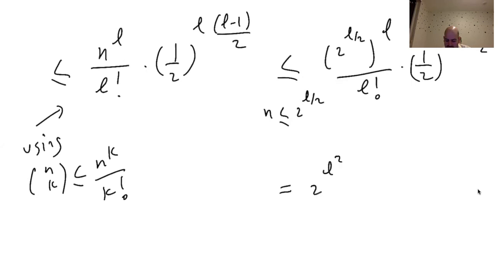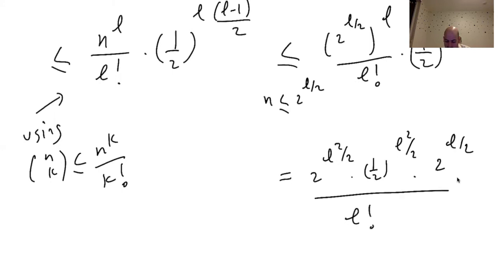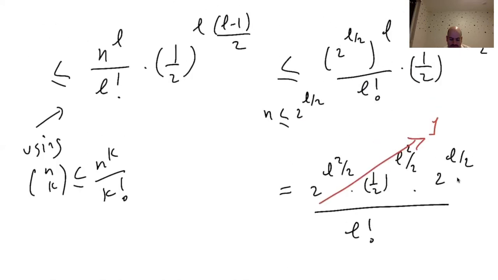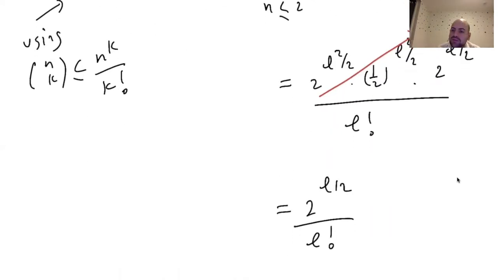This is 2 to power L squared over 2 times 1/2 to power L squared over 2 times 2 to power L over 2, right? 1/2 to power minus L over 2 is the same as 2 to power L over 2, divided by L factorial. Now this guy times this guy is 1. So the answer is 2 to power L over 2 divided by L factorial. This is the upper bound for the probability.